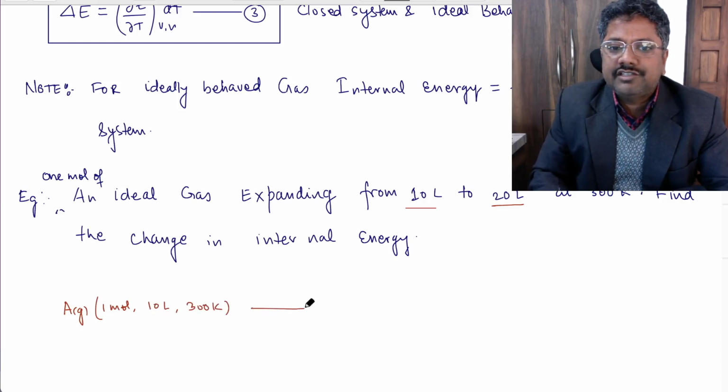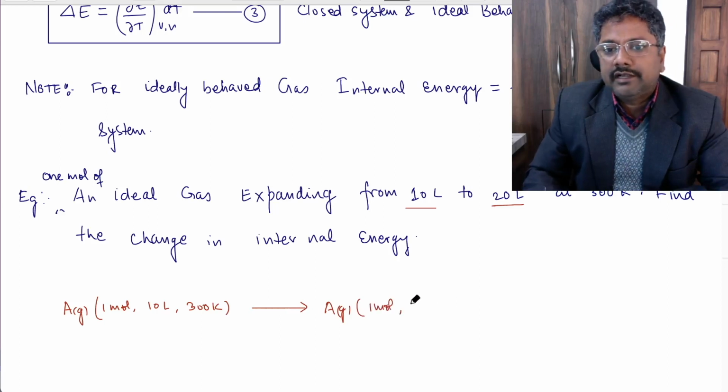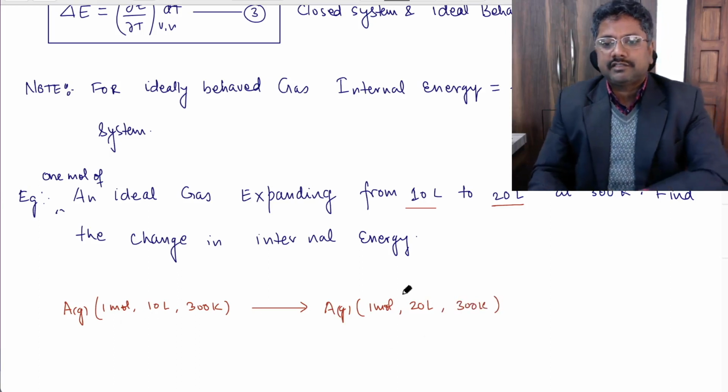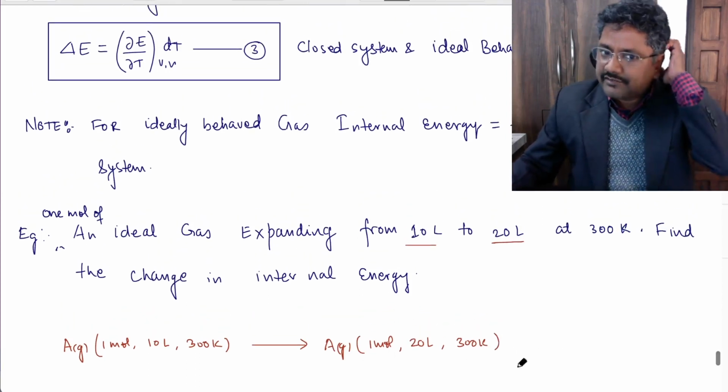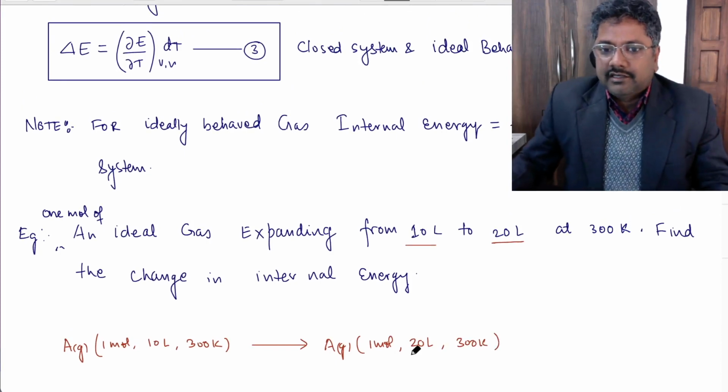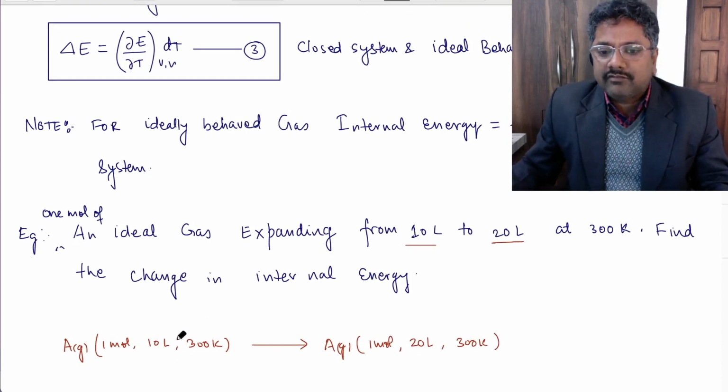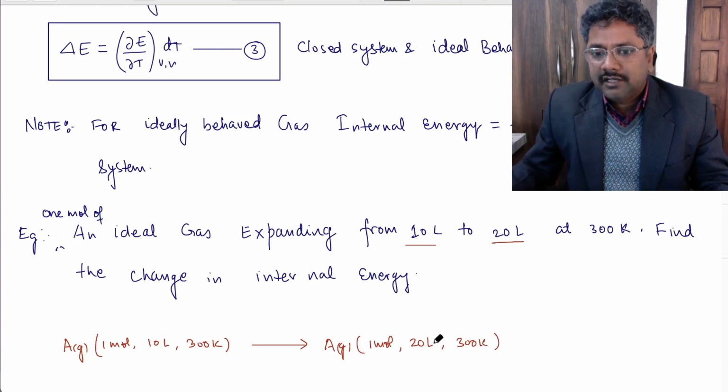It is changing to the same gas A, 1 mole and 20 liters, and temperature is 300 Kelvin. So this is the change in state. Don't bother about pressure, it will accordingly change, because you have PV equal to nRT. If you want, you can calculate the pressure here and here, but not required.